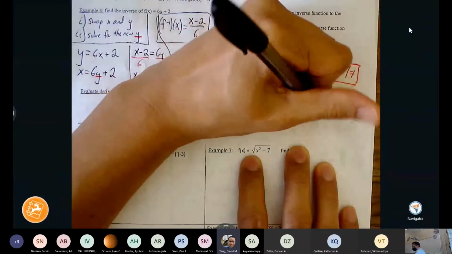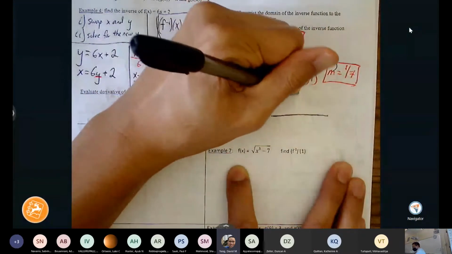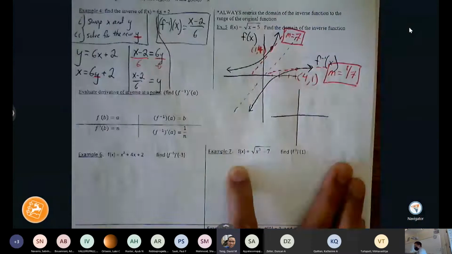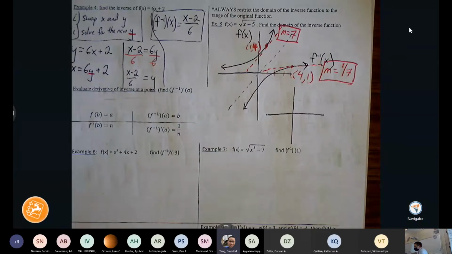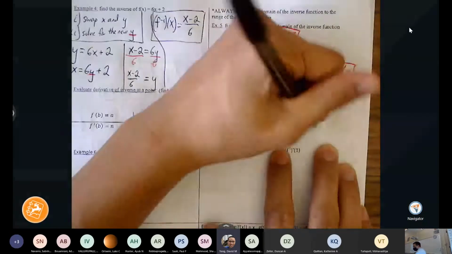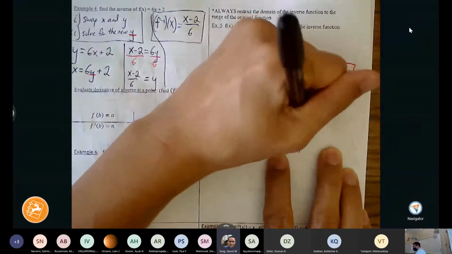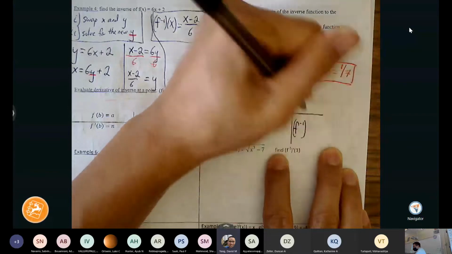So a lot of these problems, we're going to go through from this angle. The problem is always going to ask you, what is the slope of the inverse at a specific point? So it may ask you, find the slope of the inverse at, let's say, 4.